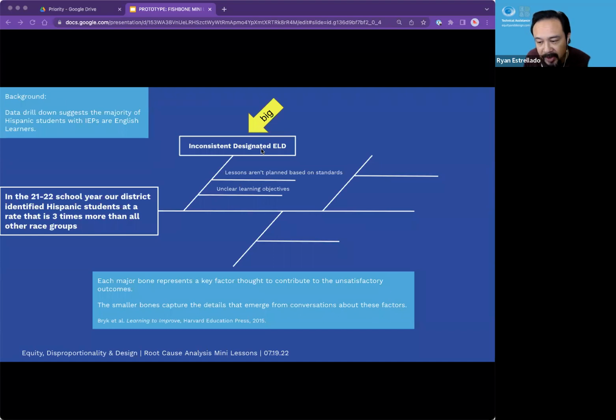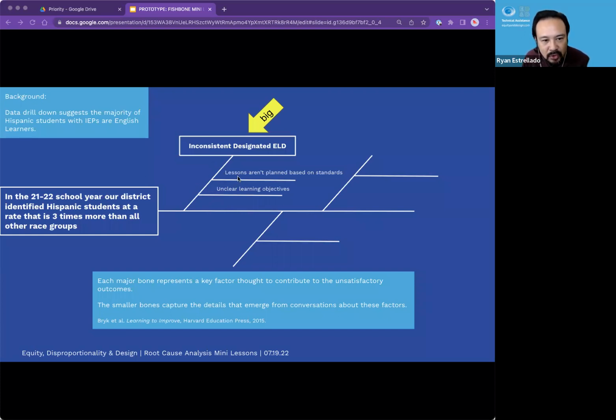So at this point in the process, you don't know for sure that this is one of the main causes, but knowing that when you did your data drill down, students who are identified with SLD in this hypothetical district happen to be English learners, this is a plausible cause. So that's the big bone.